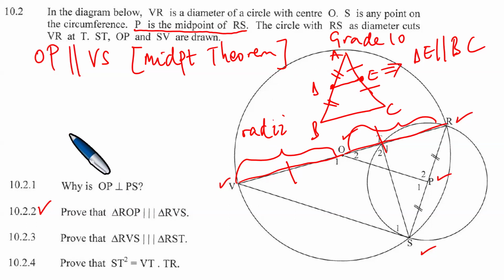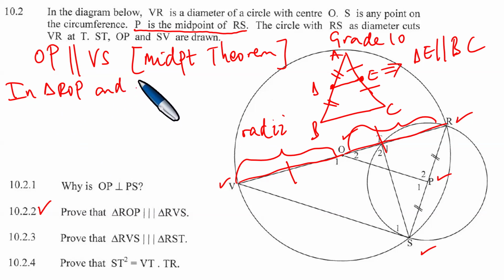Let us go on. So we go on to say, Mr. Examiner, in triangle ROP and triangle RVS, let us look at those angles and triangles. First, the angle R is equal to the angle R. Why?